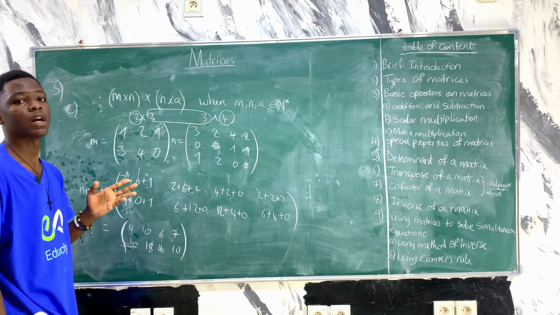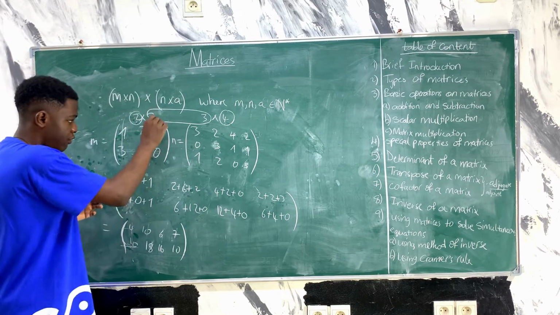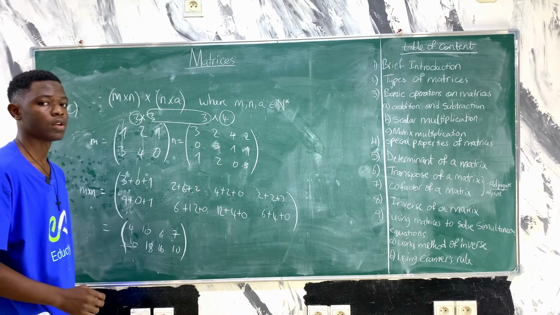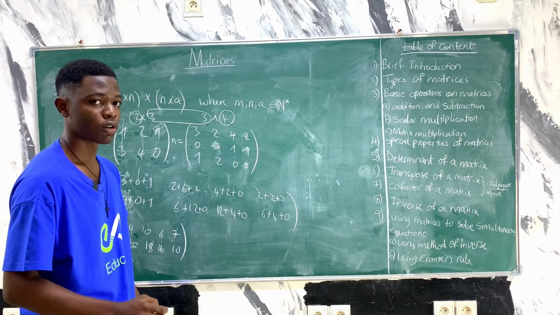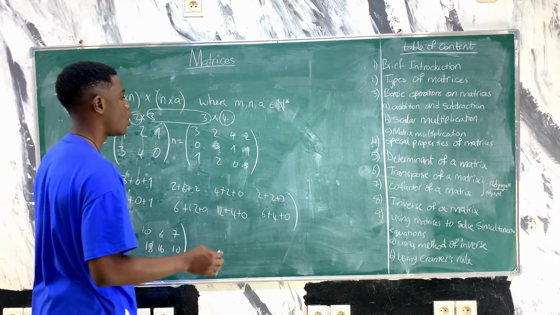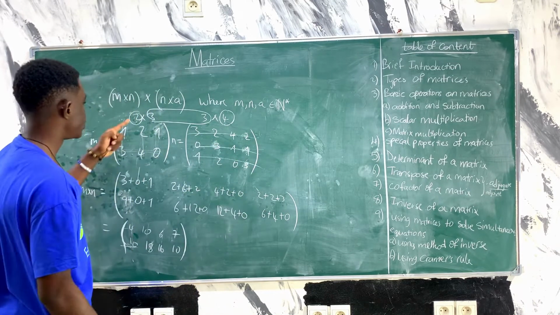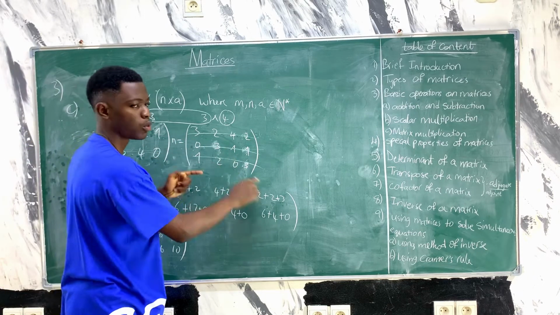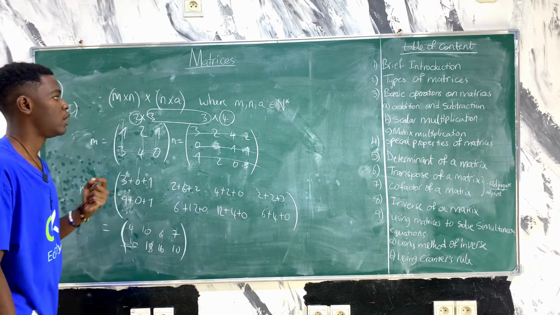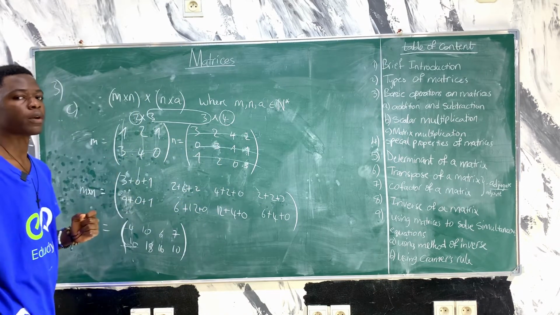Columns are vertical. Check the number of vertical columns. And you also check the number of rows on the second matrix. Rows are horizontal. Check the number of rows. Here there are 1, 2, 3 columns. Here there are 3 rows. So they can multiply.